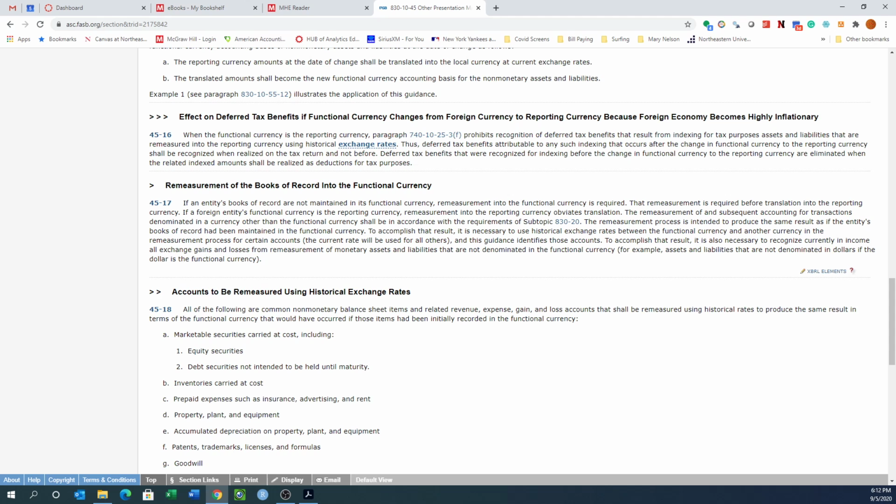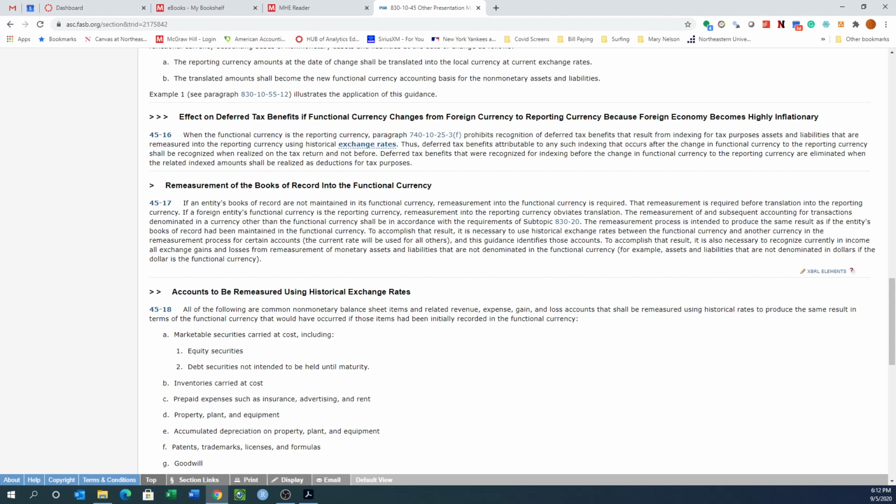So when we look at remeasurement from the recording currency into the functional currency, and then hopefully that's also the reporting currency, non-monetary assets, right? Non-monetary assets need to use the historical exchange rate on the date that those particular items were purchased or sold or what have you.